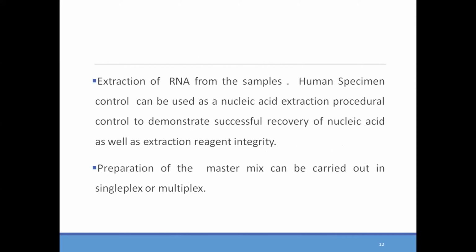It will demonstrate that we have successfully recovered the nucleic acid. So we can use human specimen control to see the validity of the RNA extraction. Then we can prepare the master mix in a singleplex or multiplex manner.